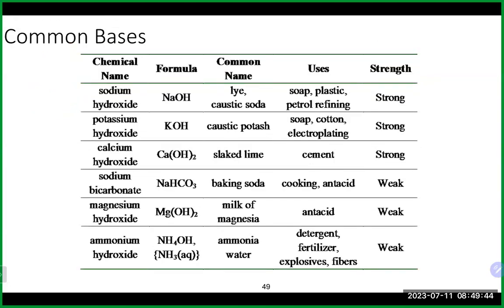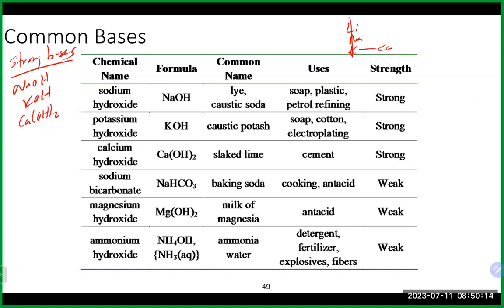Now, bases as well. A lot of strong bases have hydroxide in the actual formula, like we see here. Some strong bases are sodium hydroxide, potassium hydroxide, and calcium hydroxide. If you go to the periodic table in group 1, you've got lithium, sodium, and potassium, then you come over to calcium.